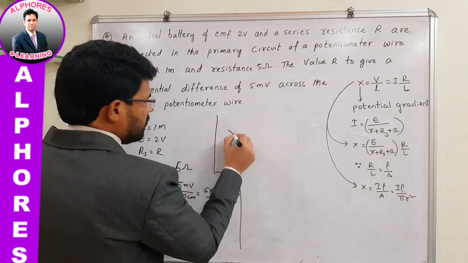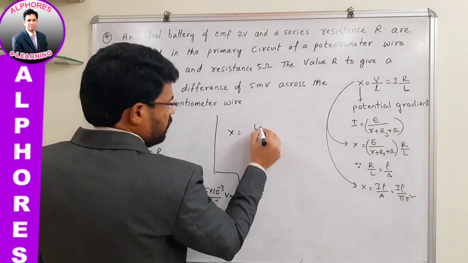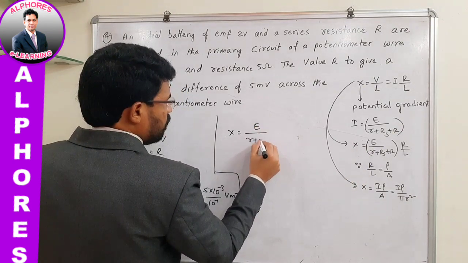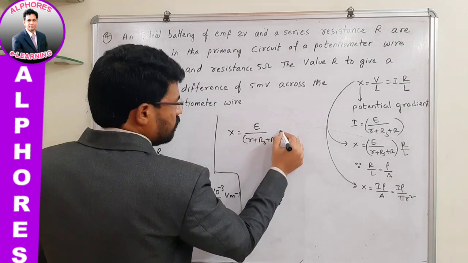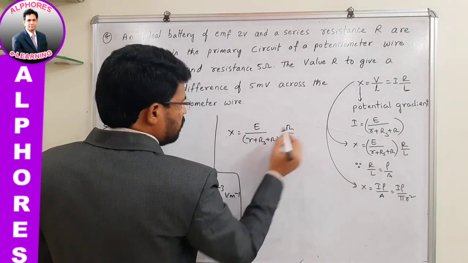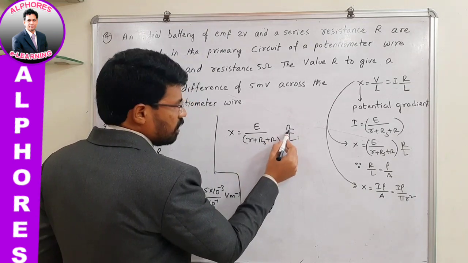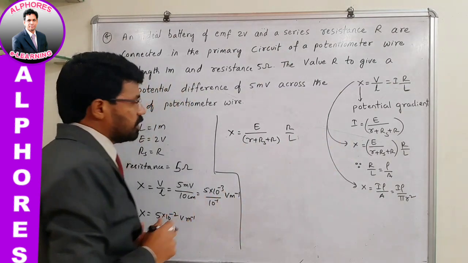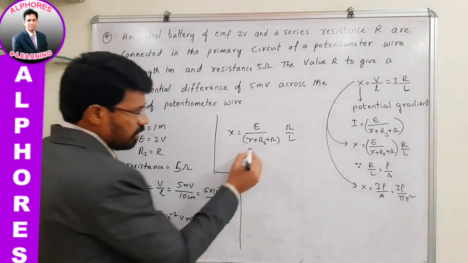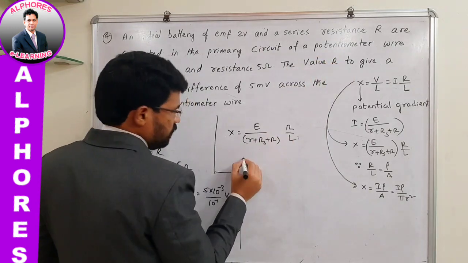We know that X is equal to E by R plus RS, into R by L. Remember students, in this particular context, in this formula, capital R is the resistance of the potentiometer wire, and RS in the given data is equal to capital R. You have to be very careful.